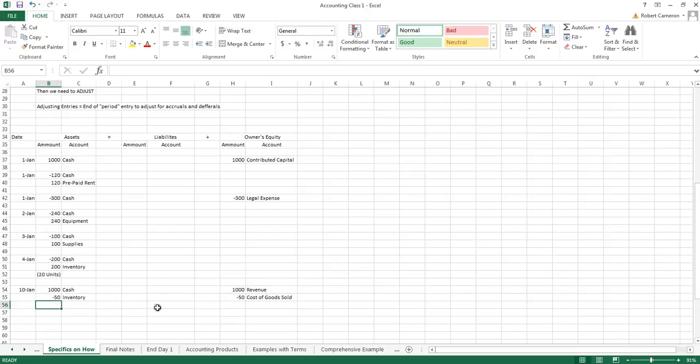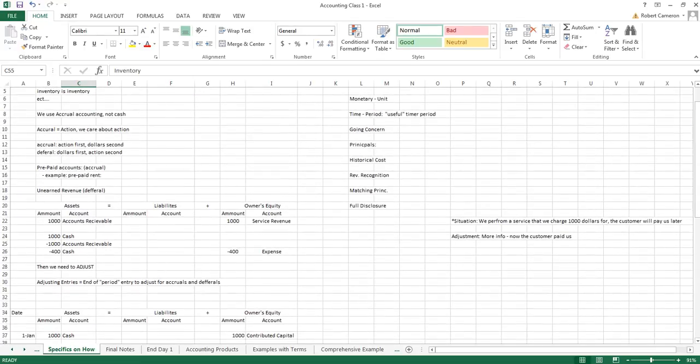So we recognize revenue. Now we need to recognize the expenses that go with it. Sure, we got this money, but we also decreased our inventory. Now we're actually recognizing expense. Not when we paid cash to get this inventory, but we actually recognize this expense right here, because we're recognizing the revenue. So now we're going to recognize the expense, $50 inventory. And again, going back up here, the matching principle.